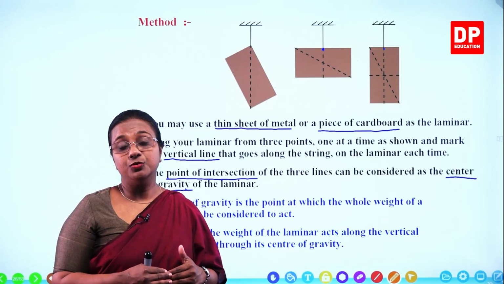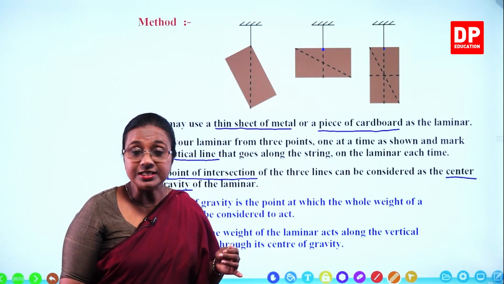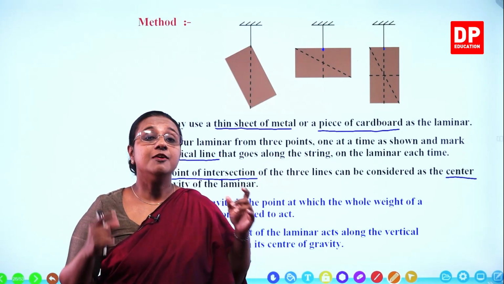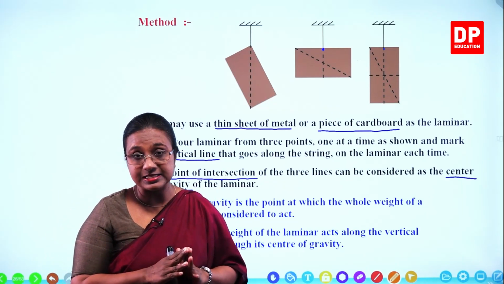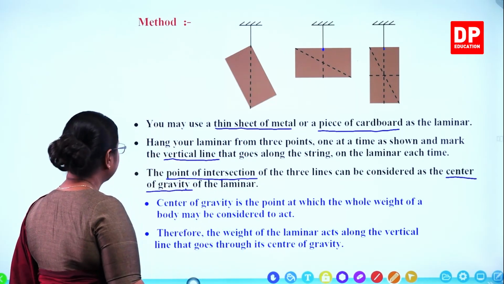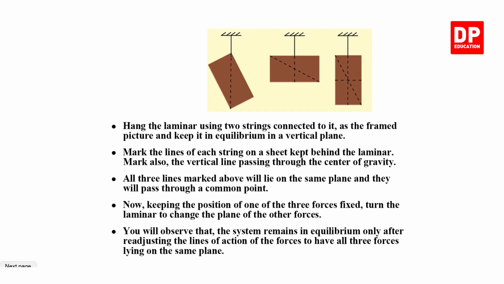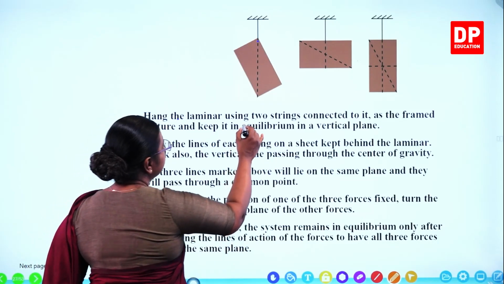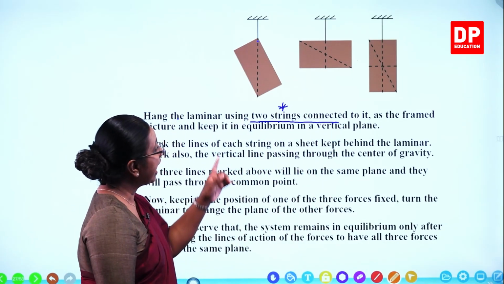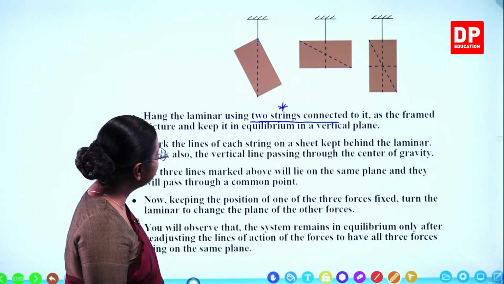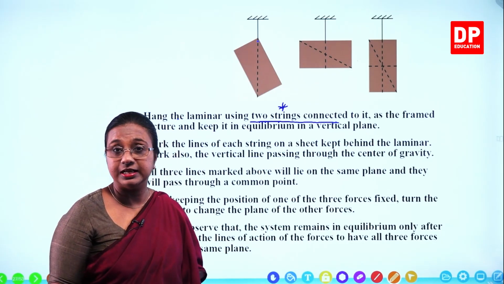So, after we do that, we will move on to the second part of the activity, where you hang the lamina from 2 points simultaneously. So, we will look at that method. Hang the lamina using 2 strings connected to it. So, here this is important: 2 strings connected to it as the frame picture and keep it in equilibrium in a vertical plane.